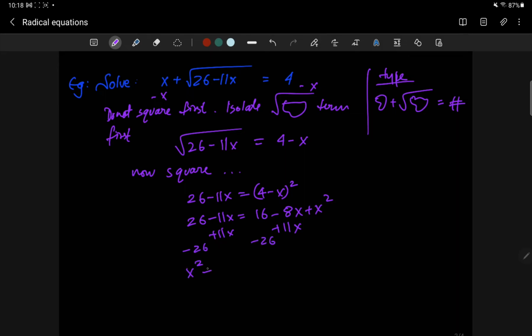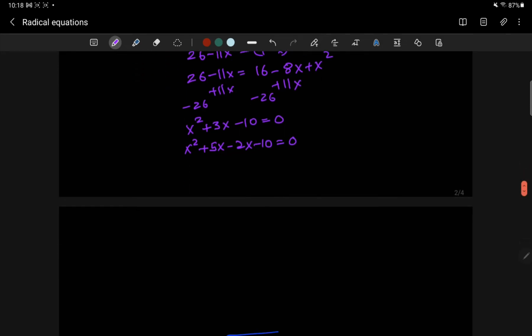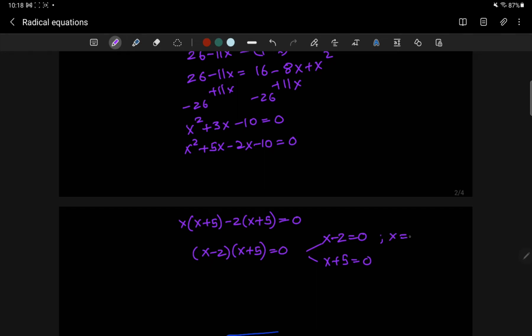So you get x squared plus 3x minus 10 equals 0, which you can now solve by factoring, because this is 5x minus 2x minus 10 equals 0, which is x times (x plus 5) minus 2 times (x plus 5), which is (x minus 2) times (x plus 5). x minus 2 equals 0, x plus 5 equals 0, x equals 2, x equals negative 5.